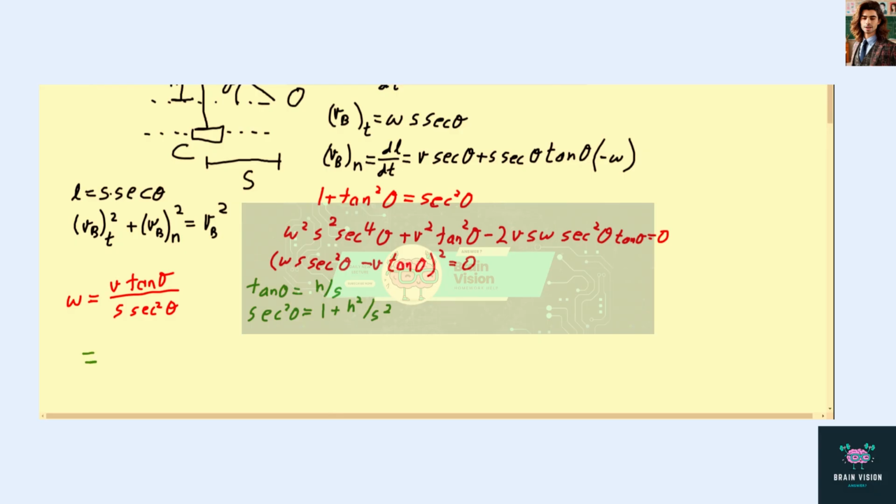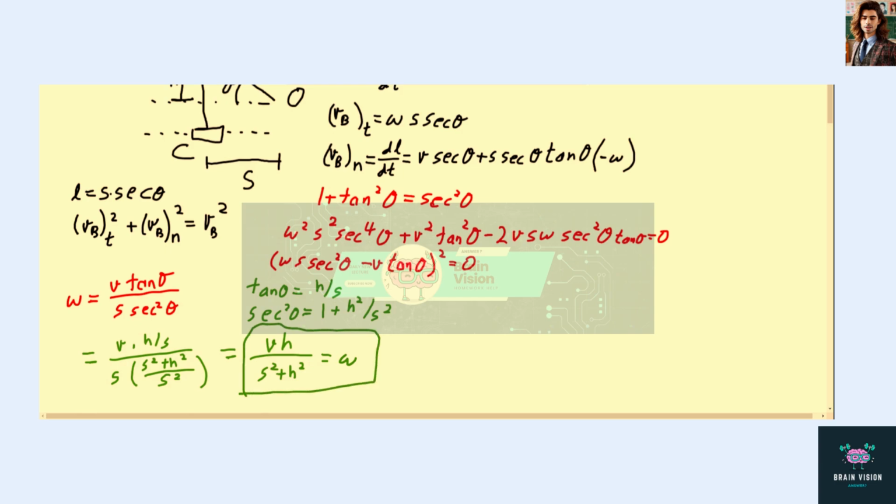So this will be V times H divided by S over S times S squared plus H squared over S squared. So fully simplifying it, we have omega equals VH over S squared plus H squared, and that is our answer.